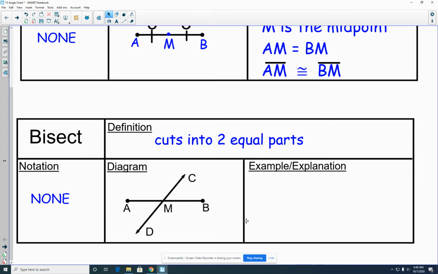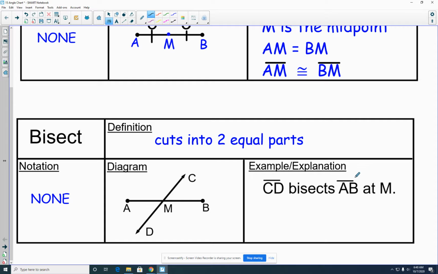If you take a look at this diagram that you should sketch into your notes, and remember you can pause the video, I'm going to keep talking though. AB is a segment and CD is a line. So only AB is being bisected by CD. So CD bisects AB.